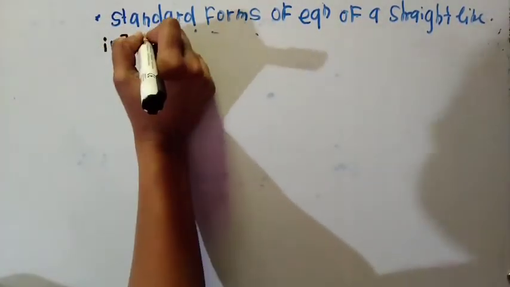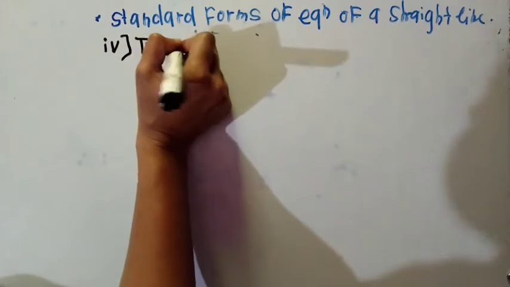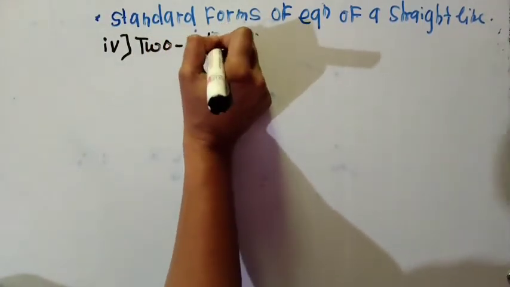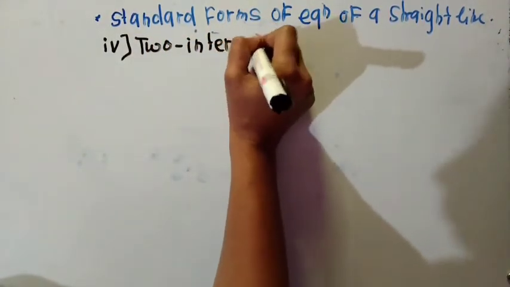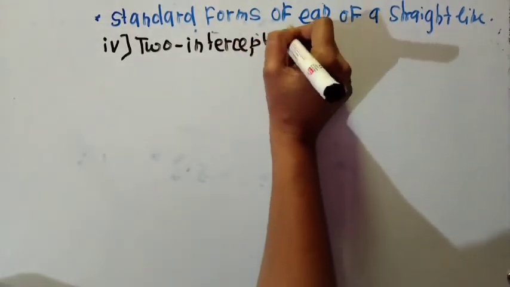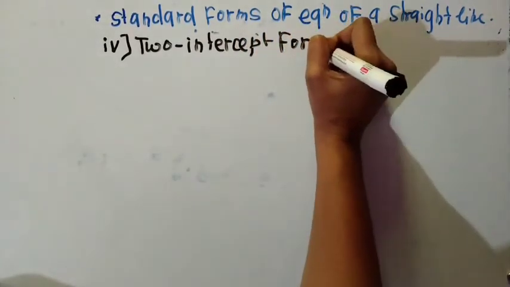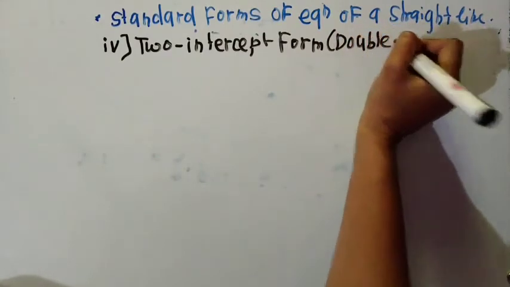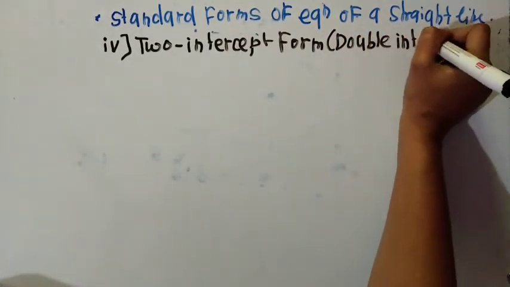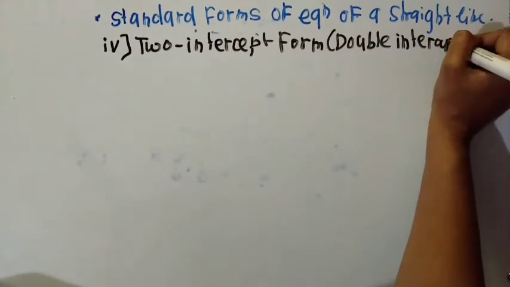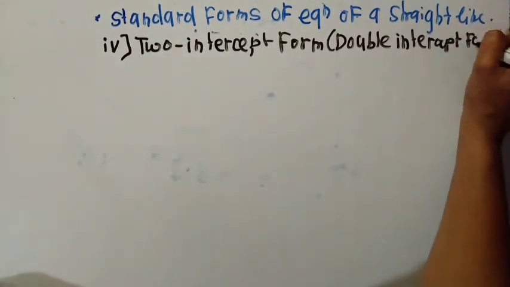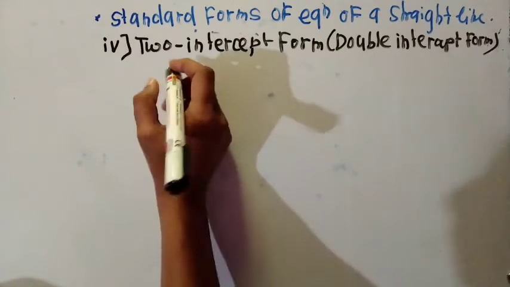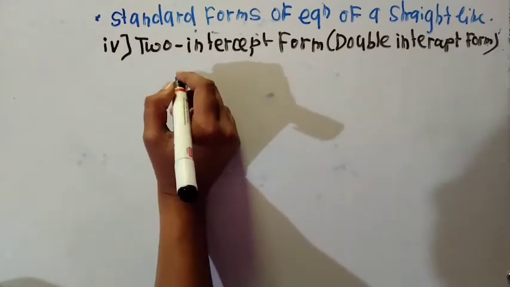Fourth form is the intercept form, or double intercept form. How to find out?